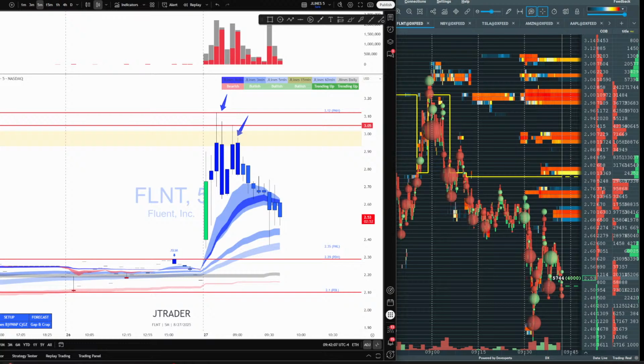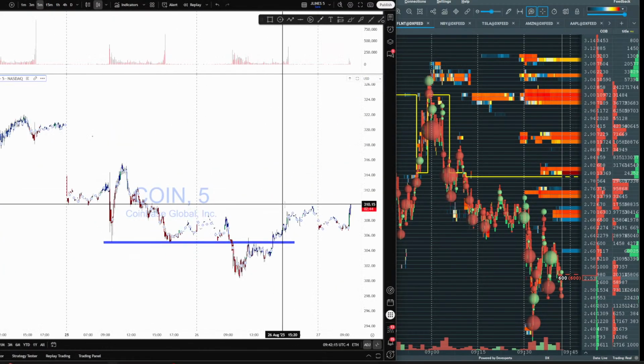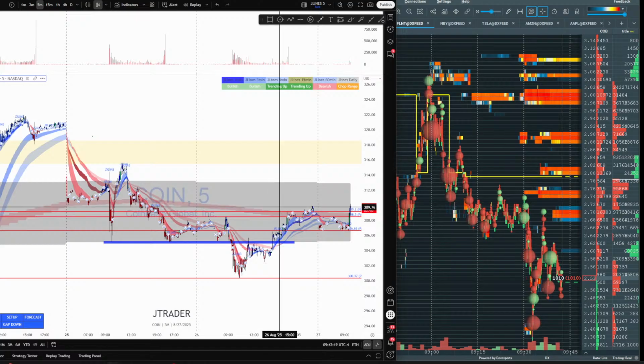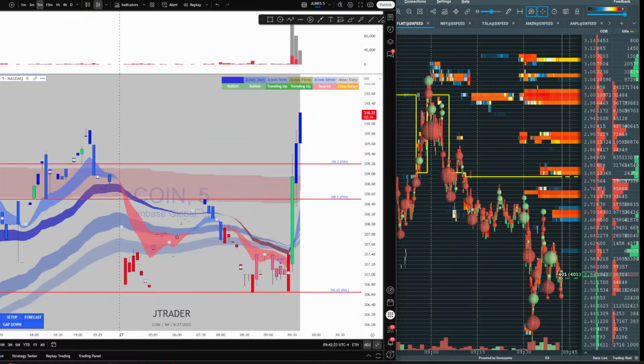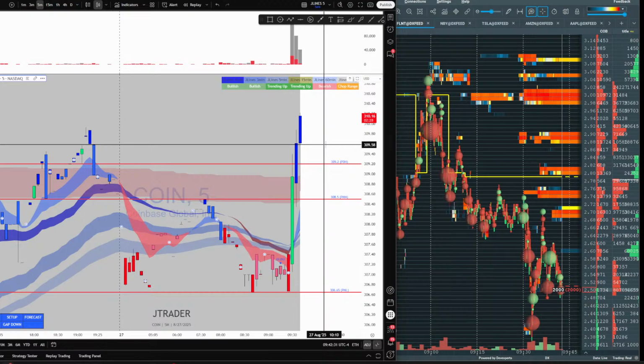Coin confirmed long. So bounce play from the daily. Need to stay above the 310. Took the 309.60.